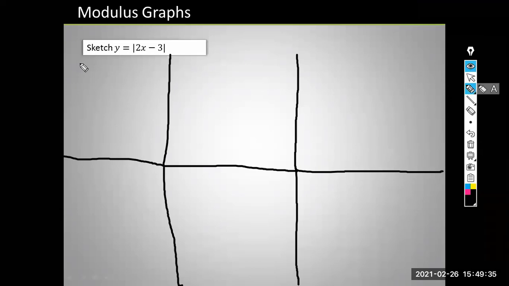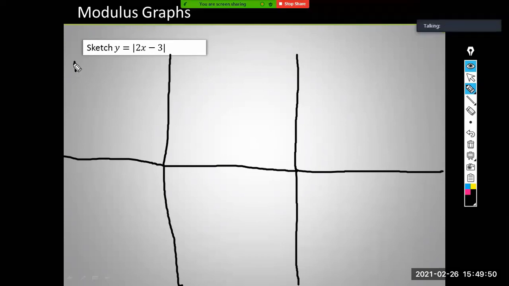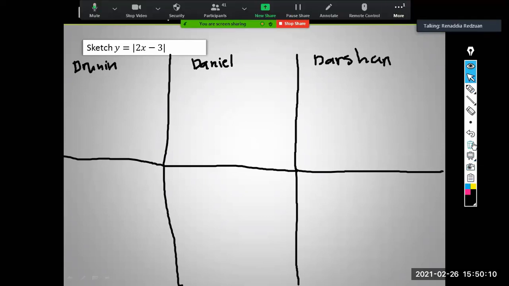Why are there two vertical lines? No, I'm giving you guys space to sketch. Go ahead. Darshan, you want to try, right? Or is it a bad idea? No need, you guys.